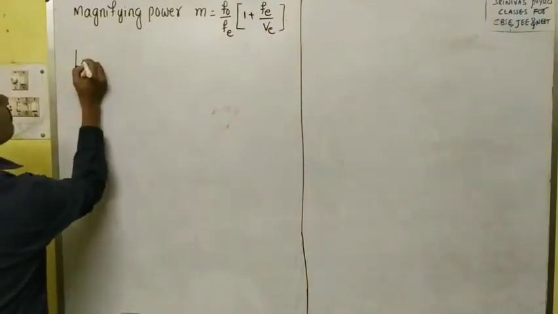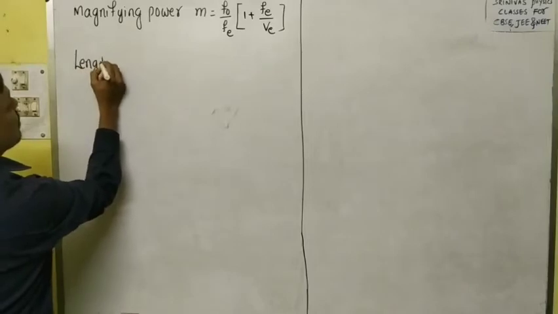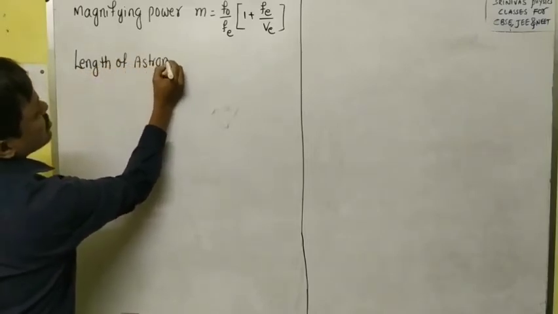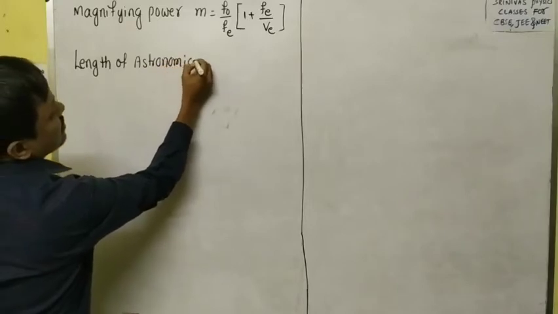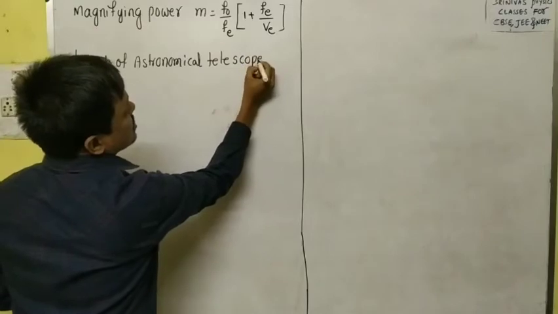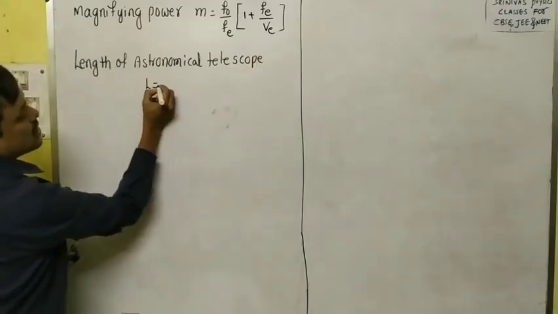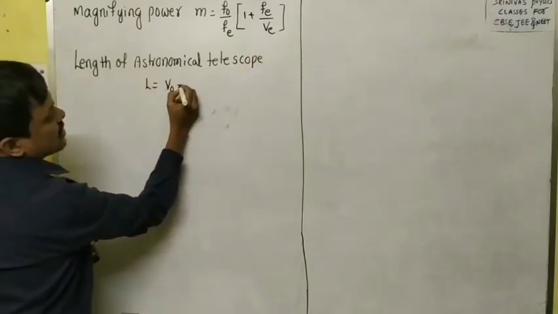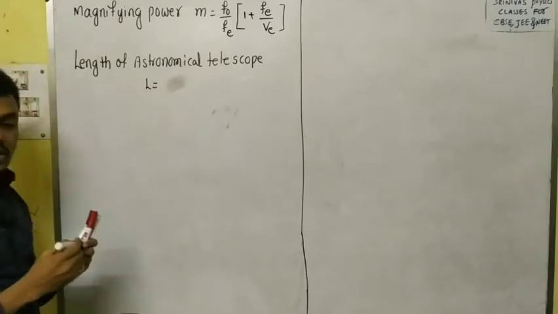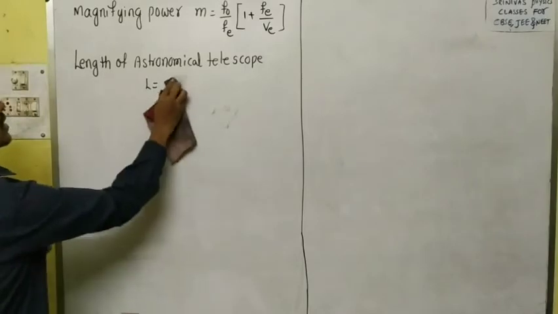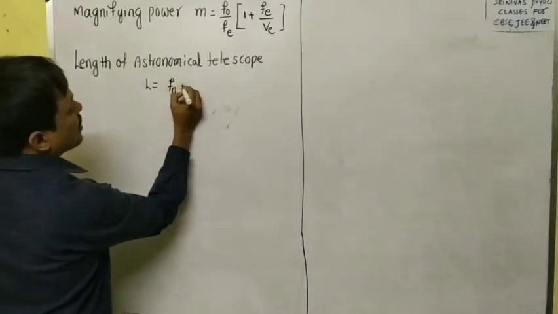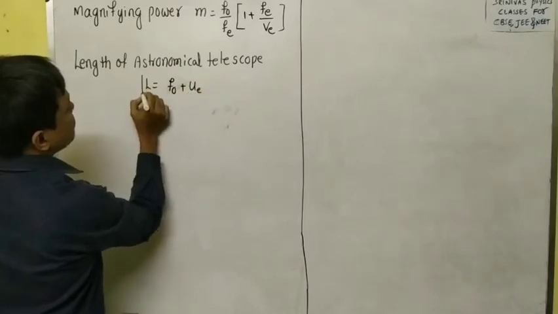And I want the length of the astronomical telescope. What is the length? The length is nothing but the distance between the two lenses. You see the figure and tell what is the distance between the two lenses. It is F0 plus Ue from the figure, right? F0 plus Ue.